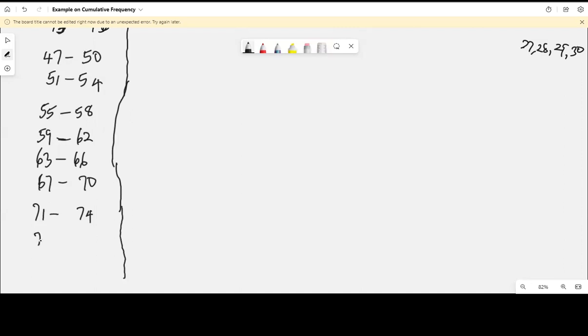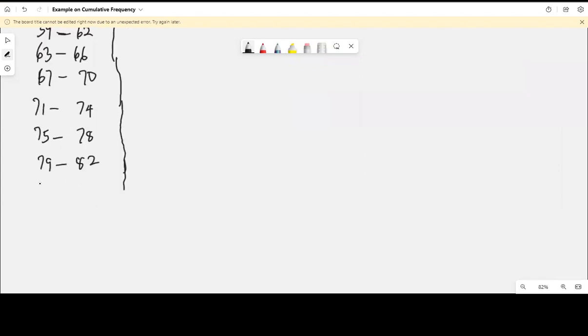The table is quite much. 75 to 78, and we have 79 to 82. We have 83 to 86. And we have 87 to 90. Then 91 to 94. 95 to 98. The highest data there is 95, so this should be the last interval.